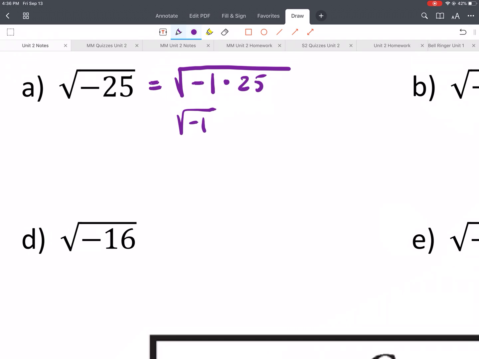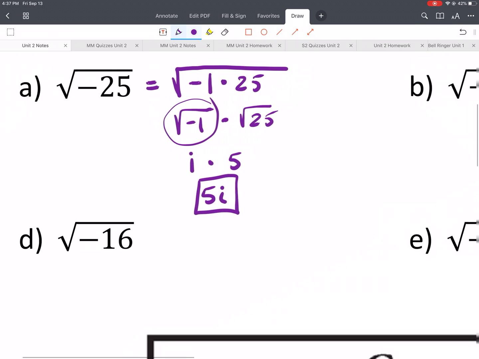So we could do the square root of negative 1 times the square root of 25, and we'd still get the same solution. We know the square root of negative 1 is i, and the square root of 25 is 5. By convention, we write the i after the coefficient, and that gives us our answer, 5i.